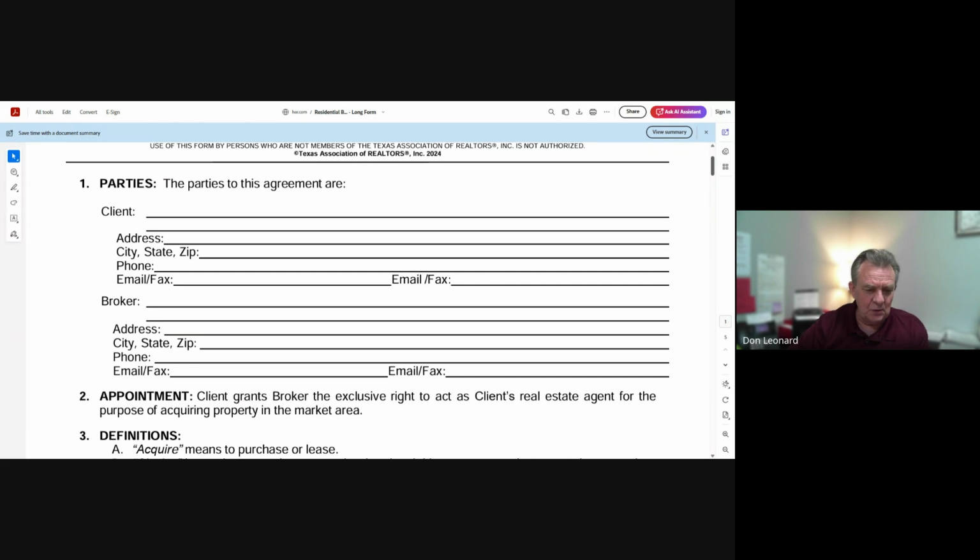Sometimes we see the agent put their own phone number and their own email there. That's, I think, okay, but it could be the office as well. So just make sure that you put HomeSmart there. That's usually where we see some issue, is that they put Marty's name there or they put their own name there. But it should say HomeSmart.